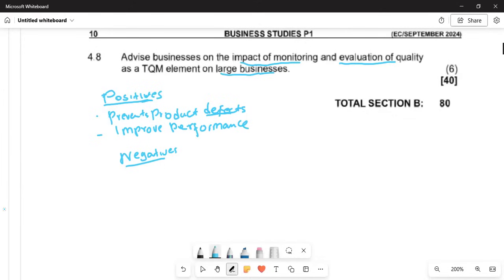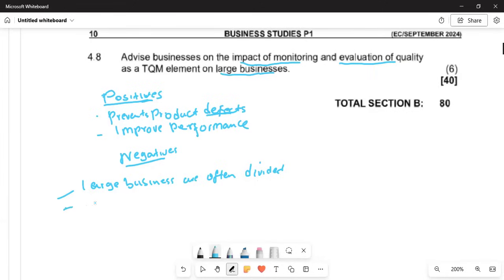Strategies are revised in order to improve the quality of the product and service. Also, negatives we can talk about: large businesses are often divided and the departments work in silos.